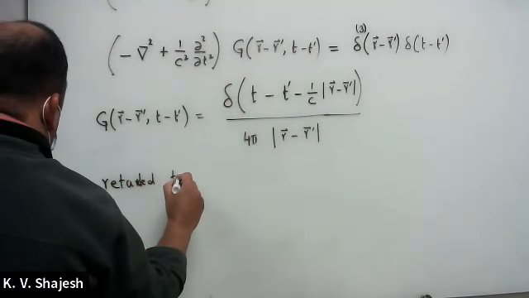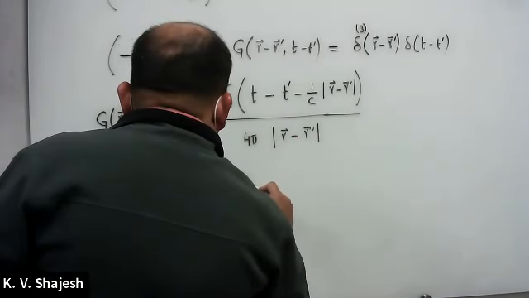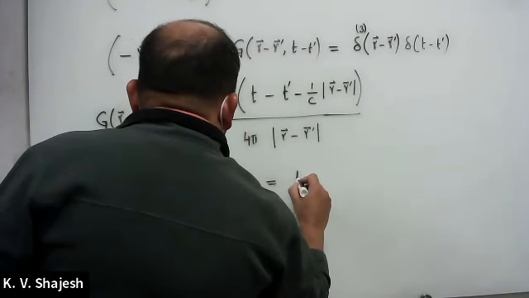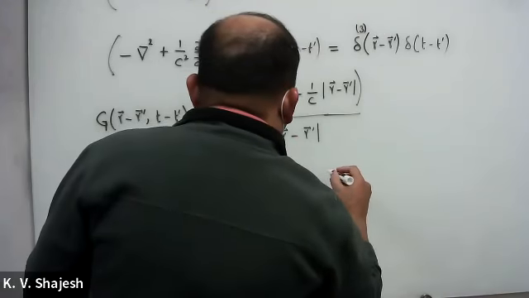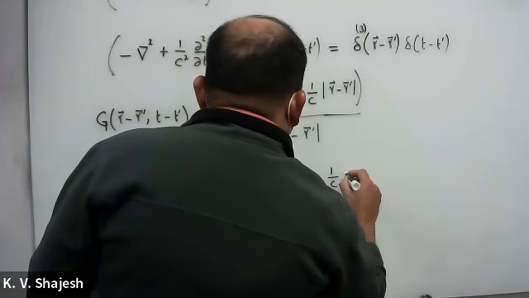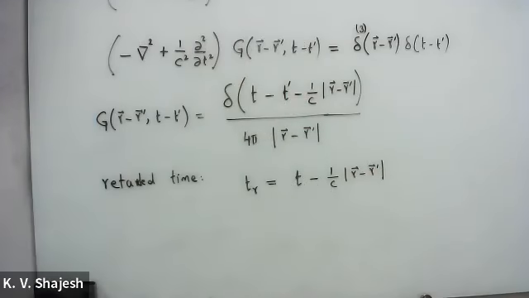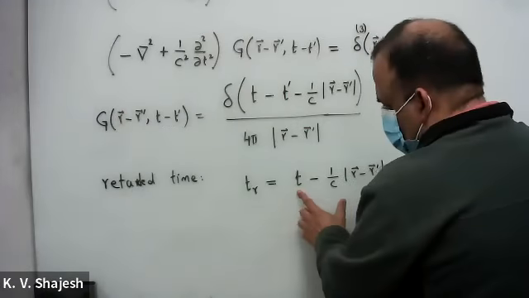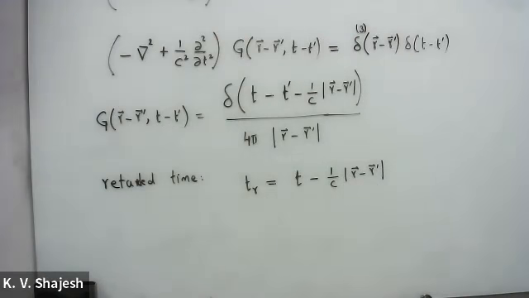The retarded time will be defined as t_R equal to t minus 1 over c times the distance. The time should have been t, but it is retarded by a certain amount. So that's the retarded time. Okay, so that's our building block.